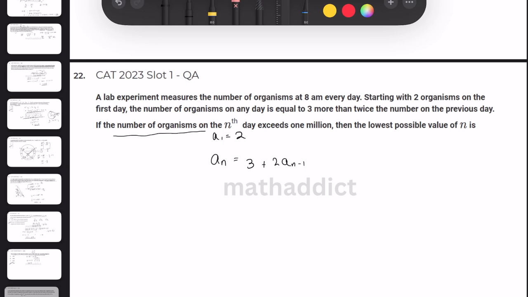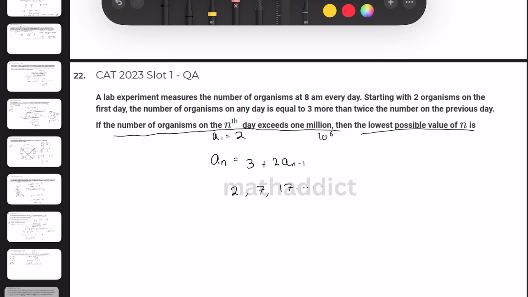If the number of organisms on the nth day exceeds 1 million, which is 10 to the power of 6, find n. So we have 2, 7, 17 and so on.